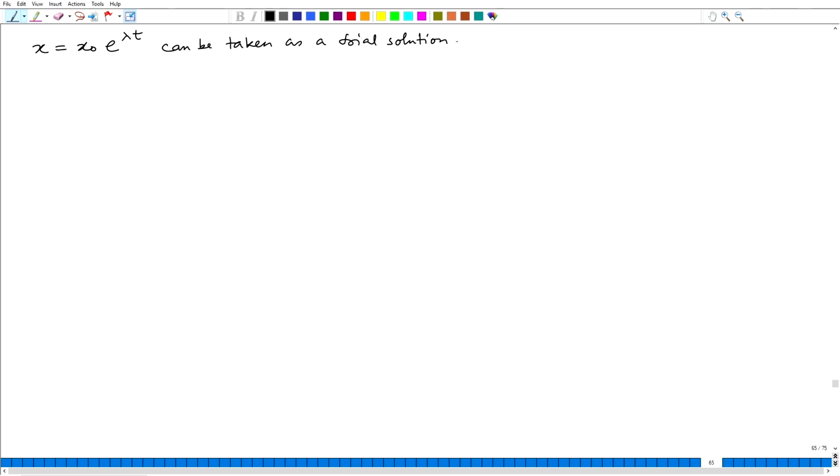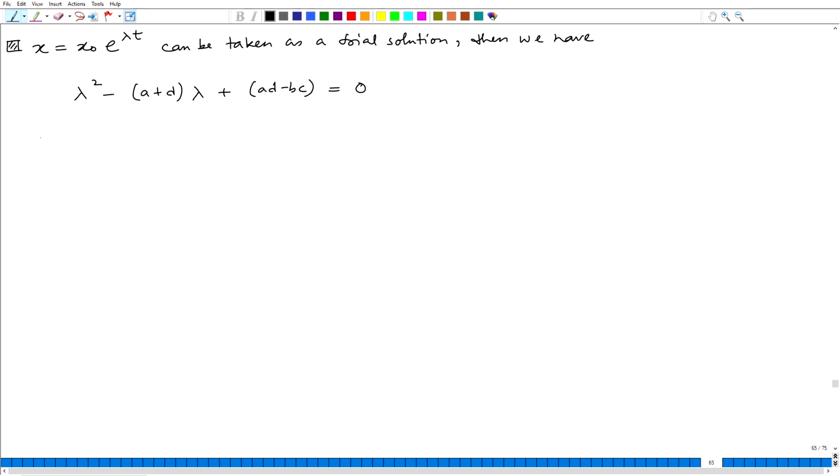And then we have lambda square minus a plus d times lambda plus ad minus bc is equal to 0.